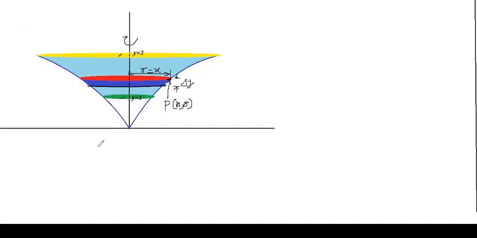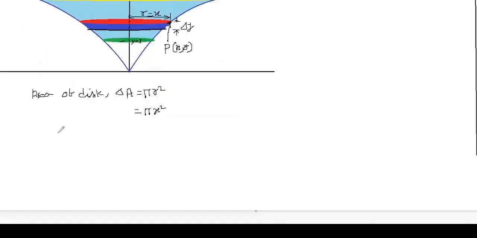So when we are trying to take the area of the disk, which we can denote by delta A, as it is a circular disk, it is pi r squared. And if we replace the r by the x, this becomes pi x squared.